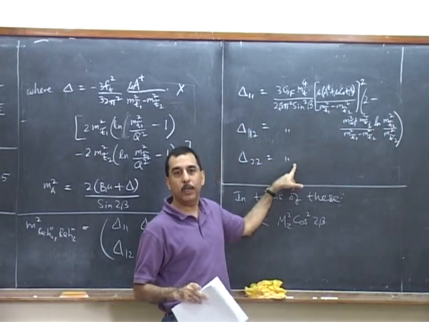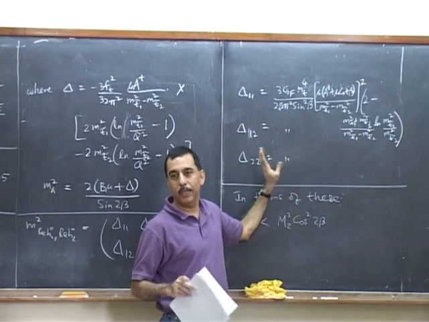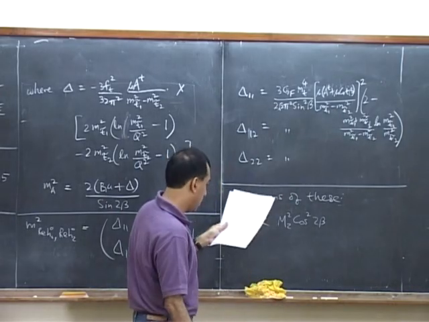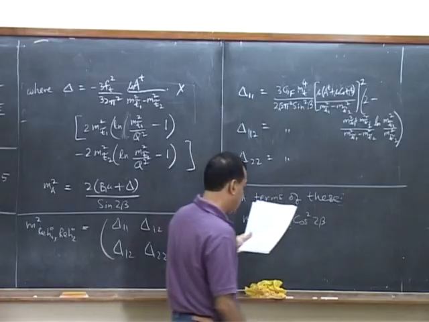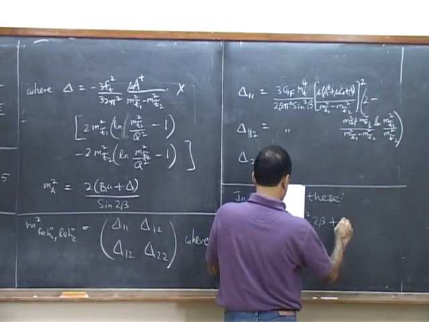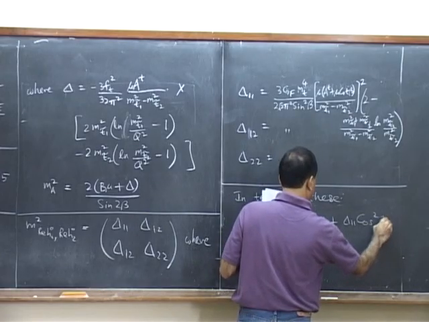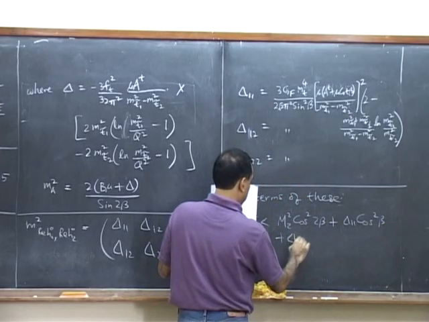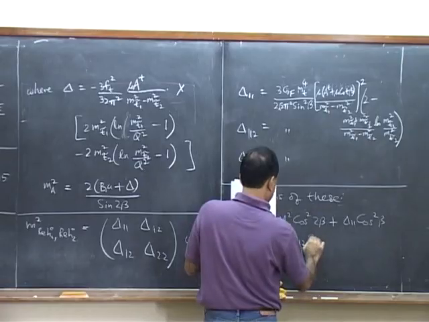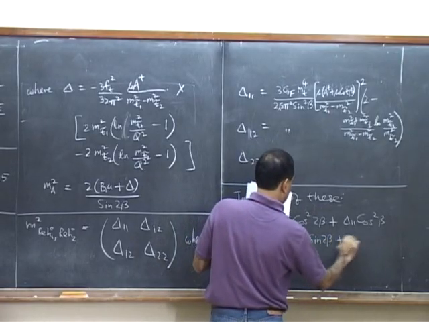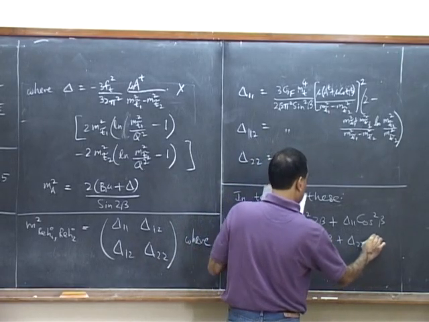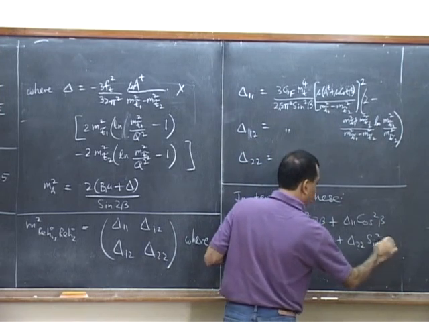But delta 2 2 then becomes that epsilon h over sine square beta. So the limit here changes to this plus delta 1 1 cos square beta plus delta 1 2 sine 2 beta plus delta 2 2 sine square beta.